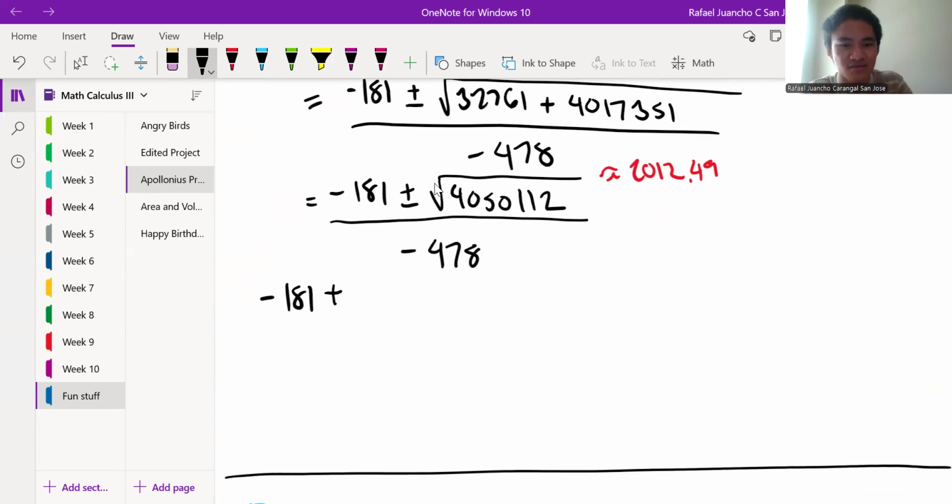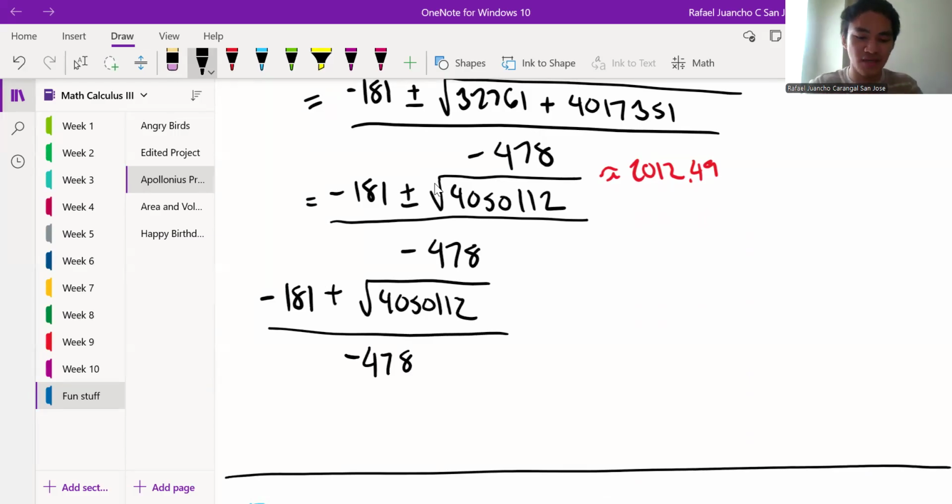Let's say we add it. Let's try. So I have this value. I subtract 181 and I divide it by 478. Yeah, so I get like around negative 3.83-ish.